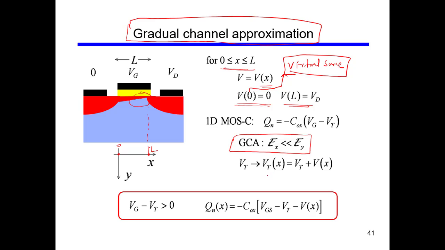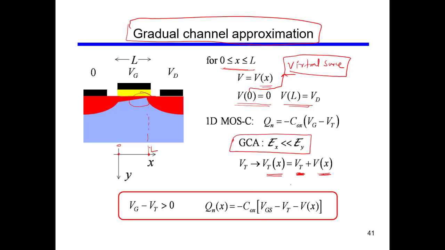In that case, the threshold voltage, because it is related to the gate voltage, which is in the vertical direction, becomes the threshold voltage plus Vx. Again, Vx is our drain-induced potential in the semiconductor, so it adds up with that. What this means is that under the gradual channel approximation, your gate voltage should overcome not only the threshold voltage but also V of x.